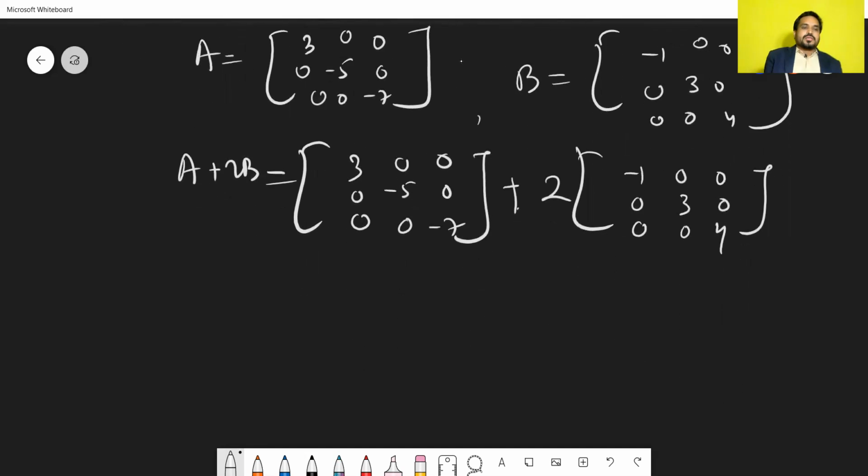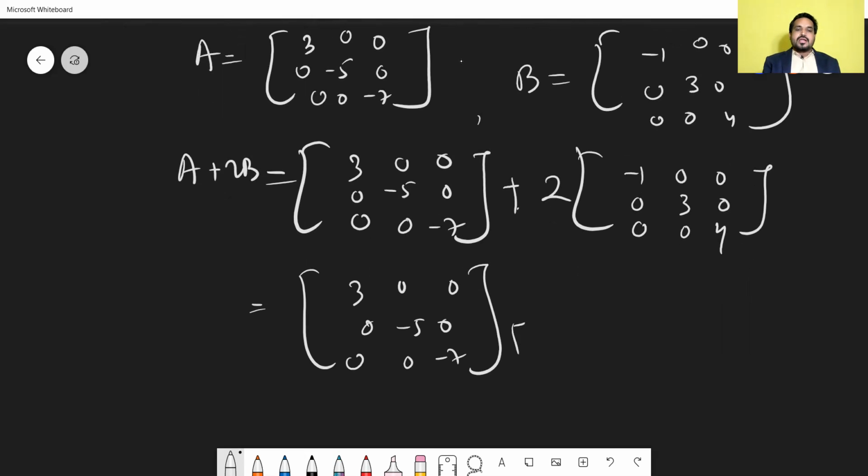Next step, just do scalar multiplication with the matrix. How to solve it? A is 3, 0, 0; 0, −5, 0; 0, 0, −7. Next, multiplying B by 2, this becomes −2, 0, 0; 0, 6, 0; 0, 0, 8.